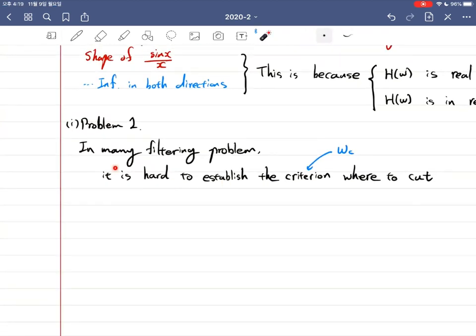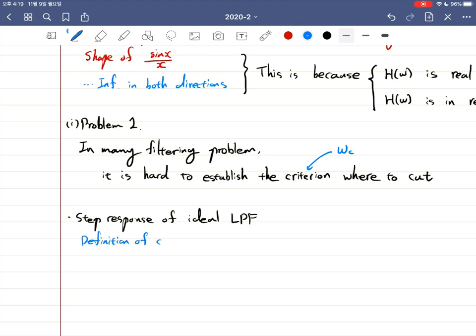So please keep in mind we have the first problem, and by using the definition of convolution, and we already obtained h, right? H of t or h of n, which is the impulse response. So with these two, we can obtain the step response.